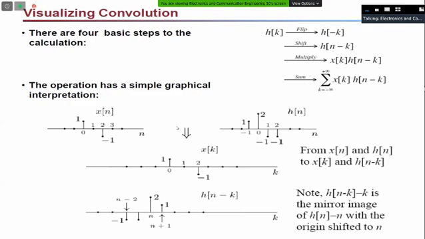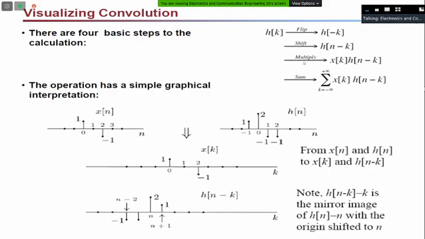If it is a 4 point sequence in both cases, then after about 7 points the resultant sequence will become 0. Most of the values after that will become 0, but you are supposed to compute all the values, that means all values of n going from minus infinity to infinity.